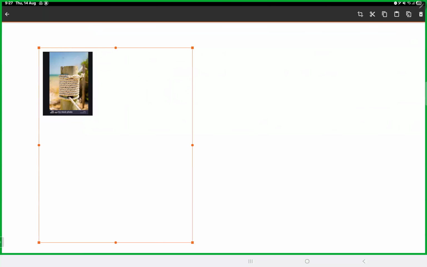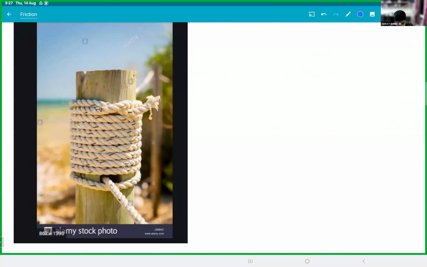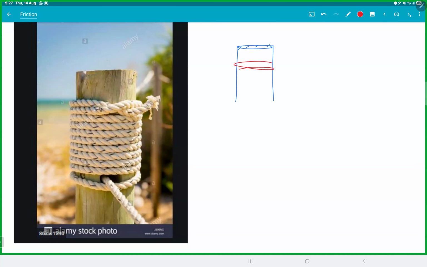Do you ever see knots like this? Yes. You get a huge force here. So if you take a rope like this and let's say you tie it 1 turn, 2 turns, 3 turns, 4 turns, and then let's say this block is attached to a pulley.